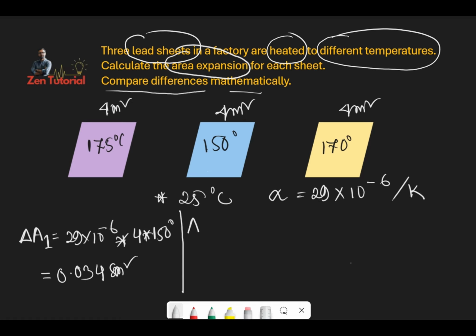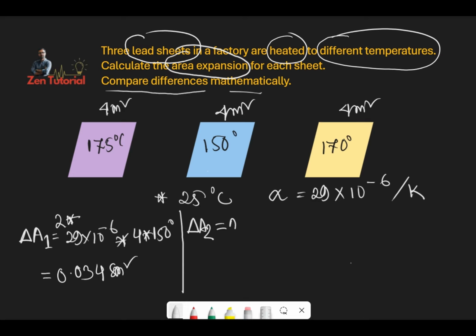Now del A2 is equal to, by the way, we have to add a 2 here as well, so it will be 2 times actually.